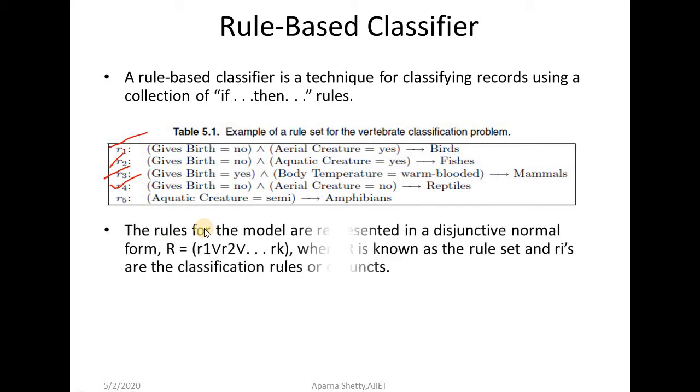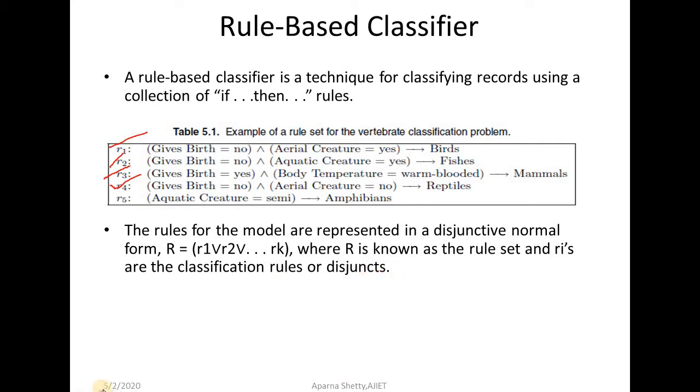The rules for the model are represented in disjunctive normal form. That is, R is equal to R1 or R2 or so on up to Rk, where R is the rule set and Ri are the classification rules or disjuncts.